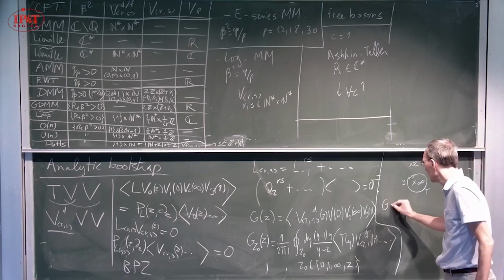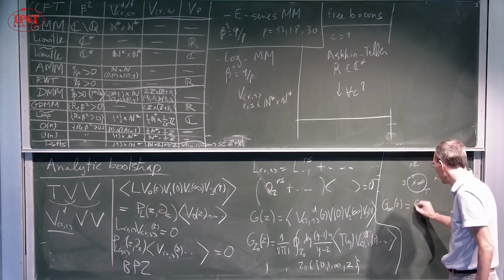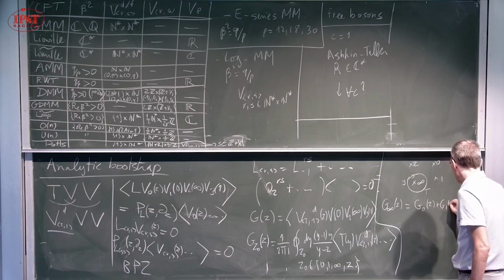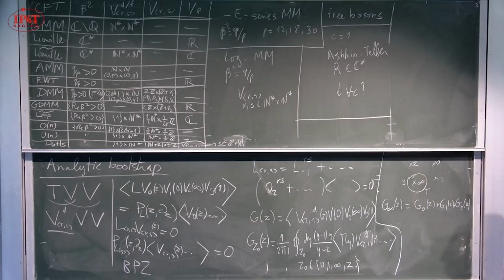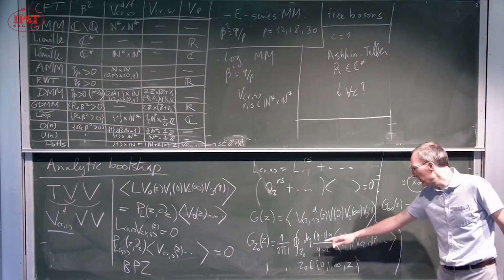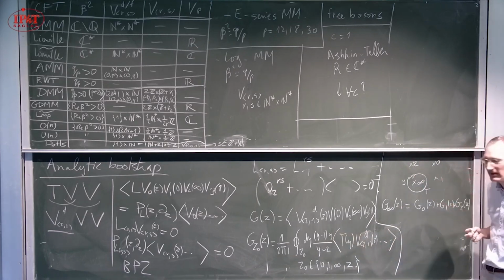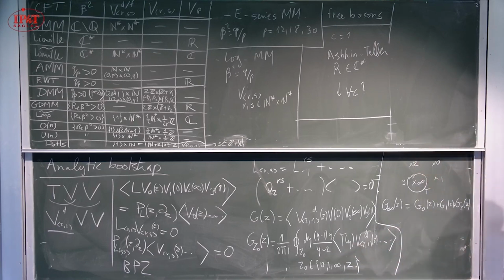So G infinity has to be the sum of the others, G0 plus G1 plus GZ. And then each one of these objects can be computed by just closing the contour around one of these points, and using the operator product expansion between T, the energy momentum tensor, and the primary field.